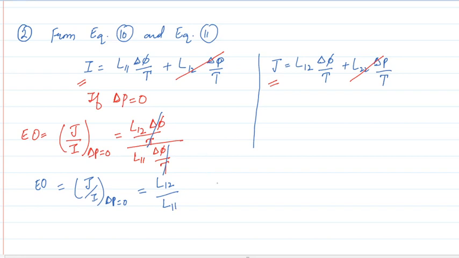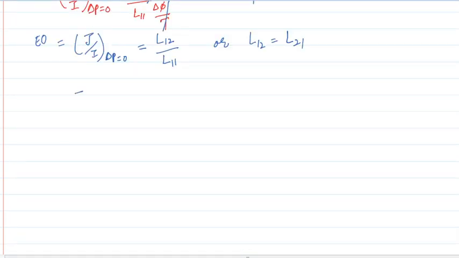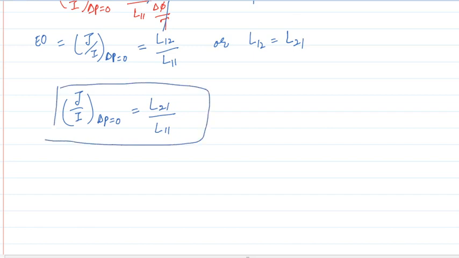Or we know from the Onsager relation L12 is equal to L21, so you can also rewrite this equation as J upon I equal to L21 upon L11. So this is equation 13.